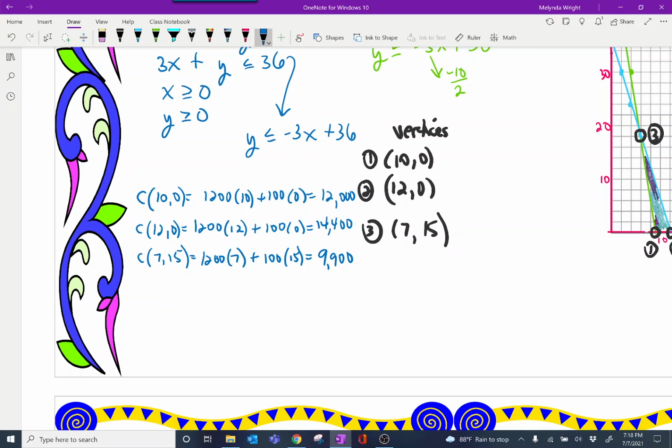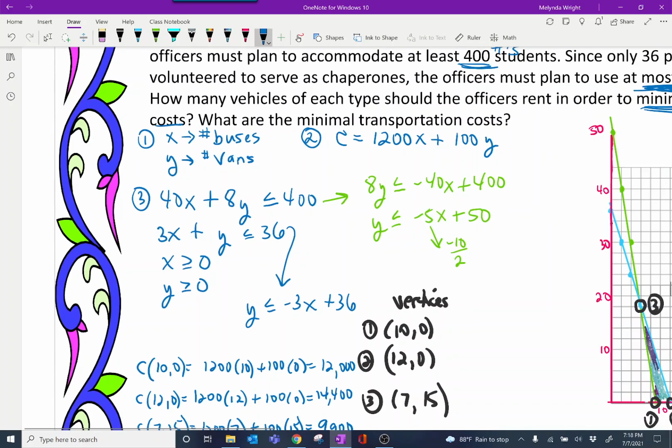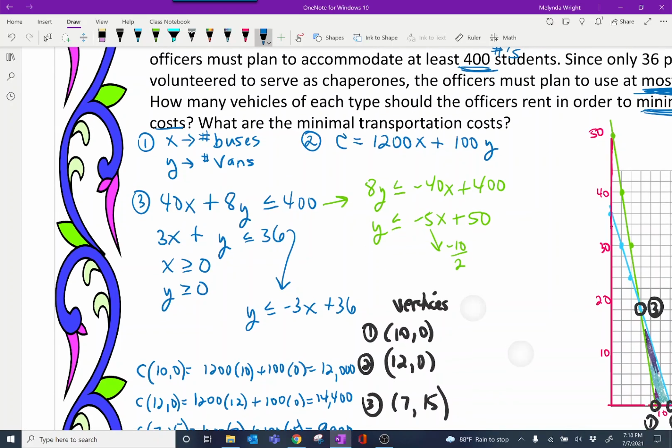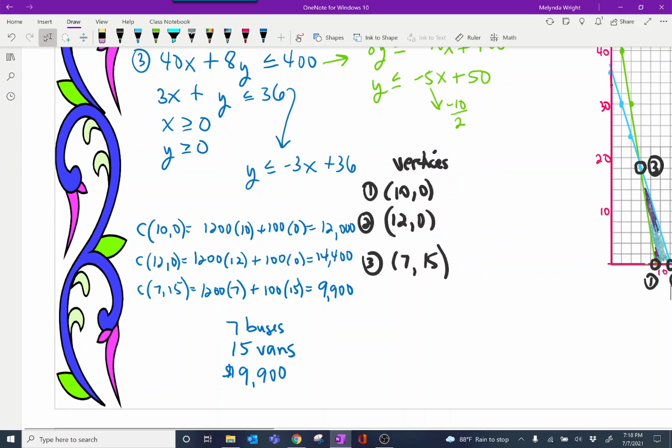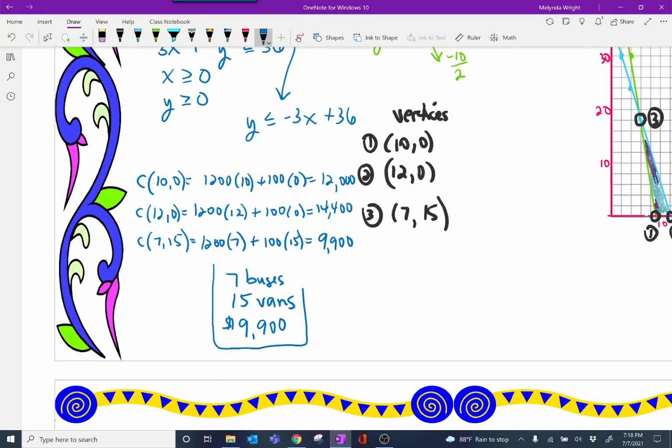So our answer is going to be 7 buses and 15 vans for a total of $9,900. Let's see what the question asks. It says, how many of each type and what are the transportation costs? Yay, so we got the type and the cost right here. All right, great.